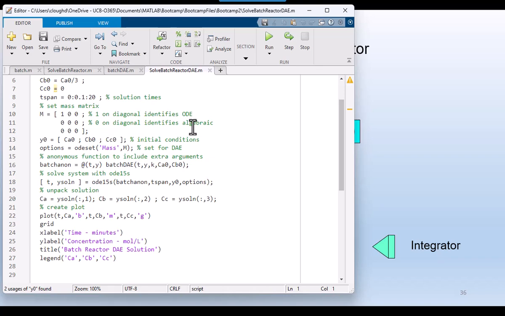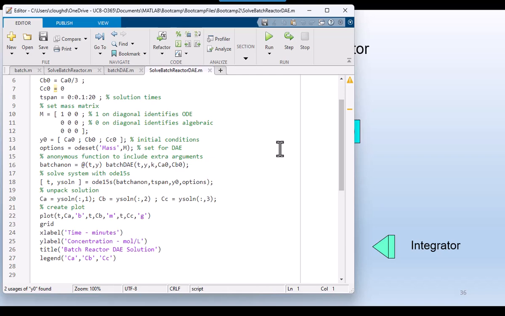But then things change because we set up what is called a mass matrix, here denoted as capital M. And in this case, we have three differential algebraic equations. We set them up. We set up a mass matrix where if we have a 1 on the diagonal, it indicates that that equation is differential.